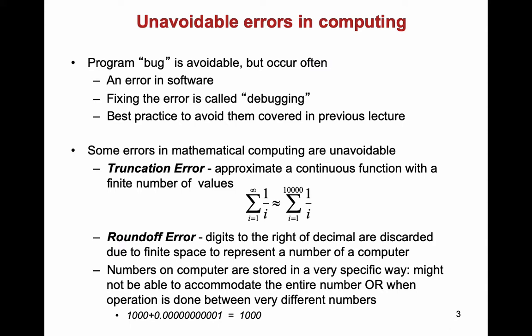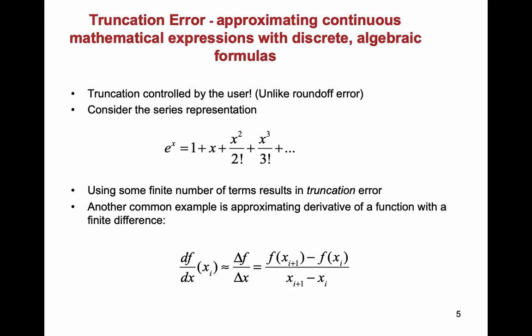So often we design numerical algorithms so that when my error is small enough, I stop. Excellent. Let me give you a few more examples for this truncation error. Every time I have a mathematical formula that just keeps going, I'm going to stop at some point. That's going to be a truncation error.